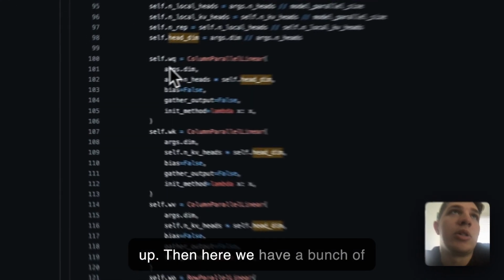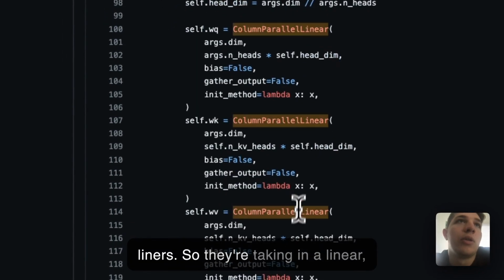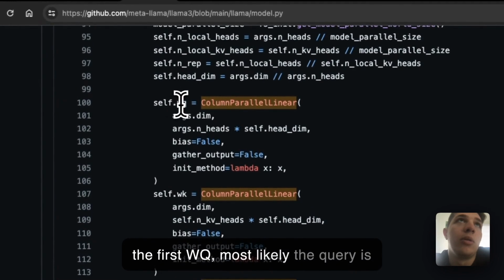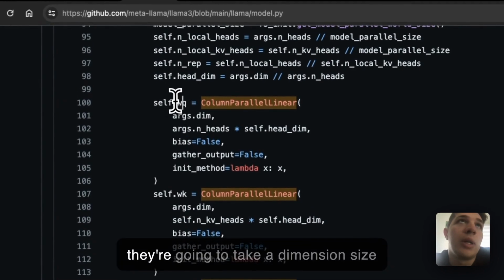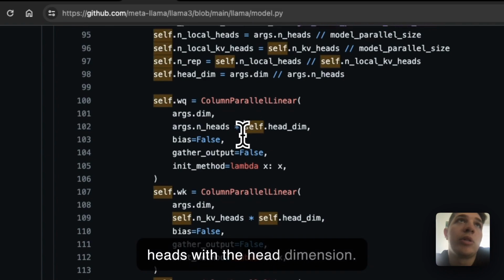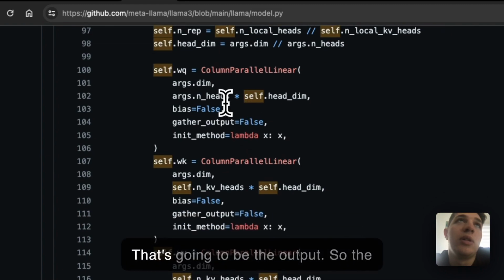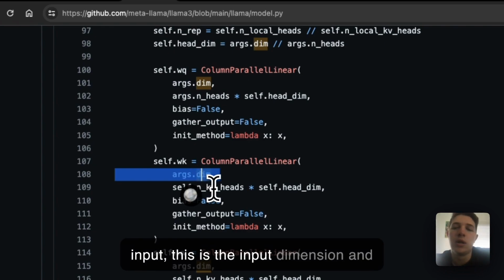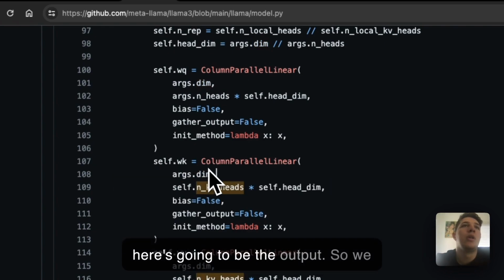Then here we have a bunch of linears. So they're taking in a linear, the first WQ, most likely the query, is they're going to take a dimension size and then they're going to multiply the heads with the head dimension. That's going to be the output. So the second is going to be like here, the input, this is the input dimension, and here's going to be the output.